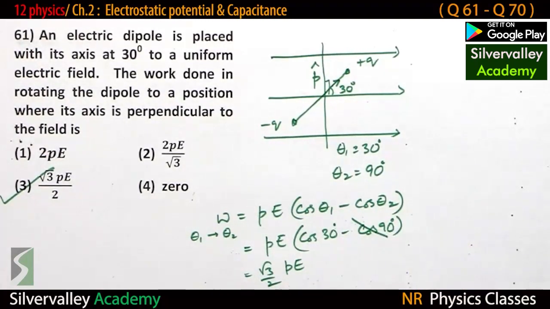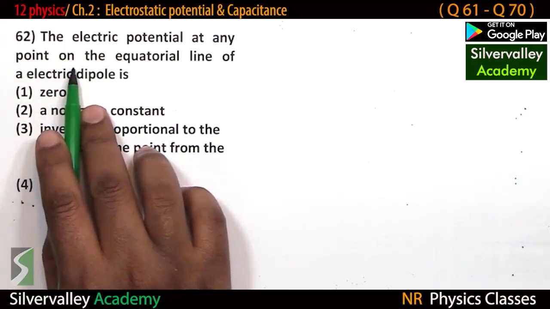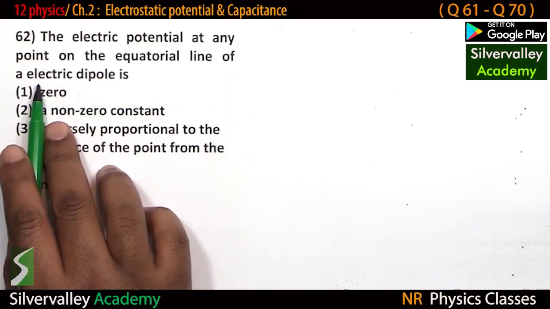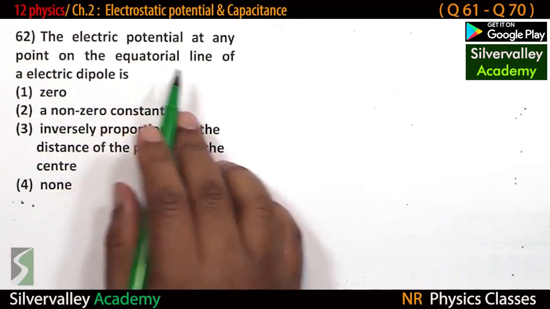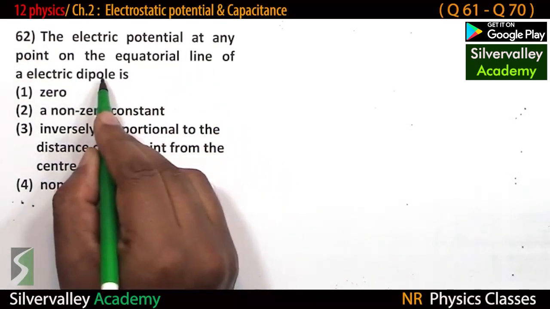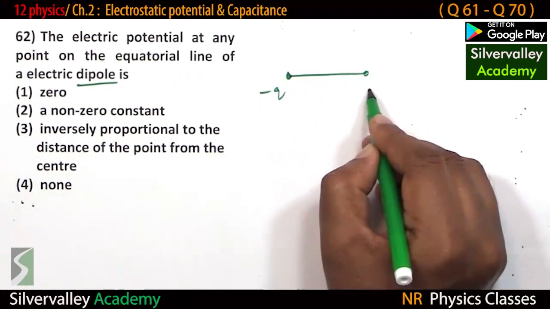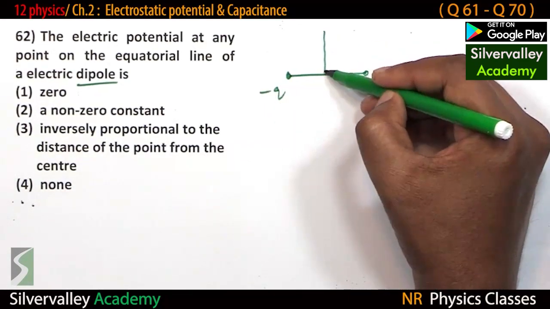The electric potential at any point on the equatorial line of an electric dipole is? Dipole means equal and opposite charges separated by some distance. Equatorial means this line.